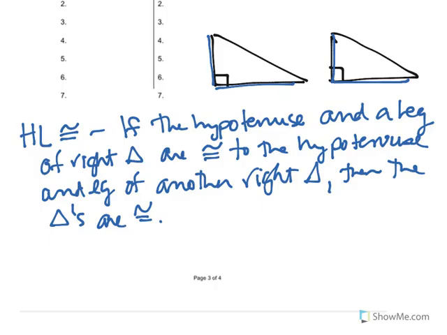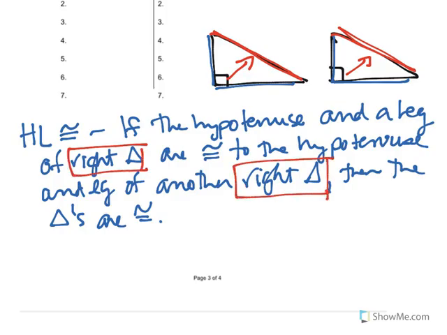The hypotenuse is the side that's across from the right angle, and it's also the longest side. In the hypotenuse leg postulate, we're talking about right triangles. Very key that it has to be a right triangle in order to use HL.